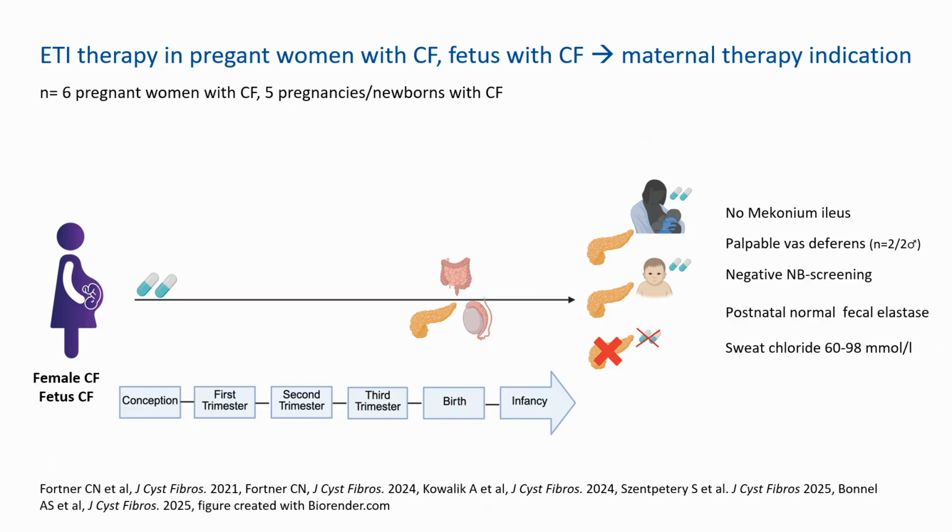And there are actually some cases published now that really take ETI from conception. And in those cases, no meconium ileus was observed. In 2 out of 2 male subjects, there was a palpable vas deferens, a negative newborn screening, and normal pancreatic fecal elastase. But sweat chloride levels were in the pathological range after birth.